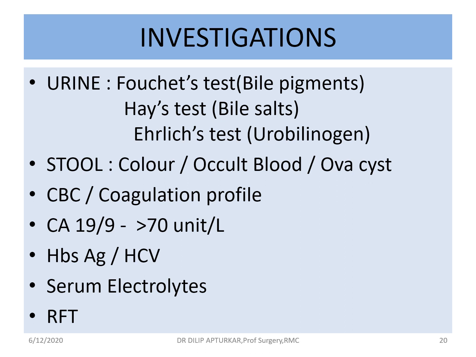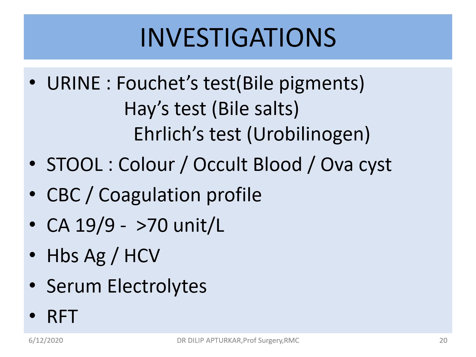CBC will show reduced hemoglobin, or there can be leukocytosis in case of cholangitis. Coagulation profile will be deranged, prothrombin time increased, PT-INR ratio is deranged, partial thromboplastin time again is deranged. CA 19-9 more than 70 units will suggest pancreatic malignancy.